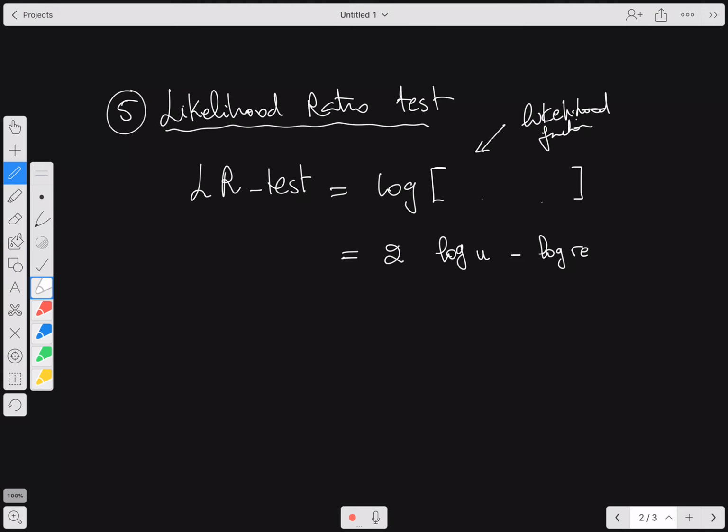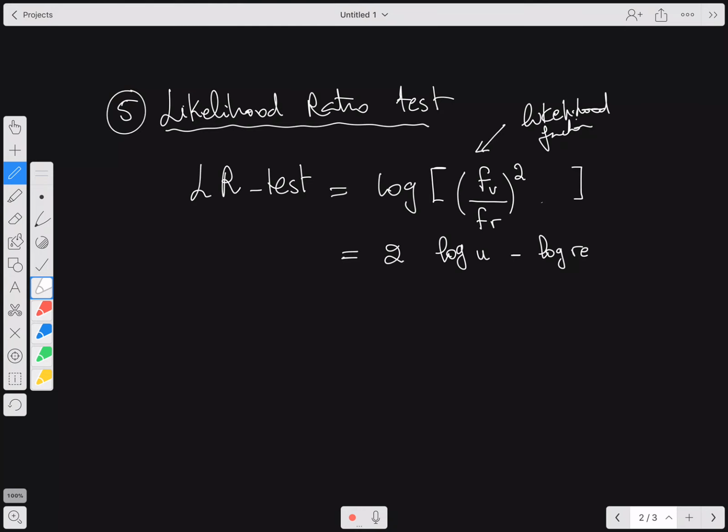So this one is the log of, sorry. This one is equal to the likelihood function f of the unrestricted over the likelihood function of the restricted, squared.